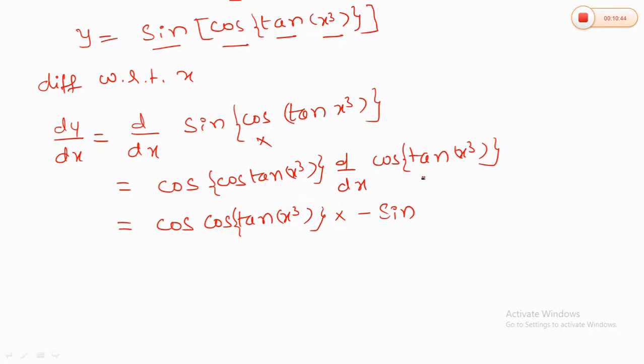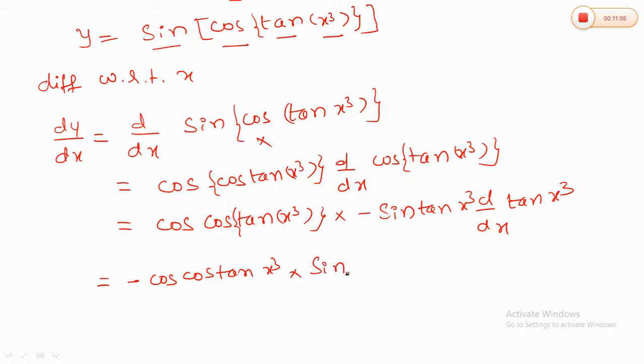Write the remaining term as it is, tan of x cube. Then after finding the derivative of cos, we have to go for d by dx of tan of x cube. So this is equal to minus cos of tan x cube, this into sine of tan of x cube.